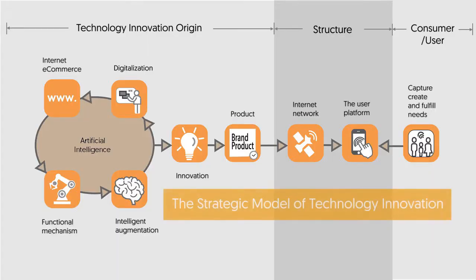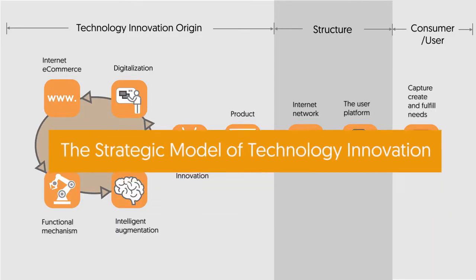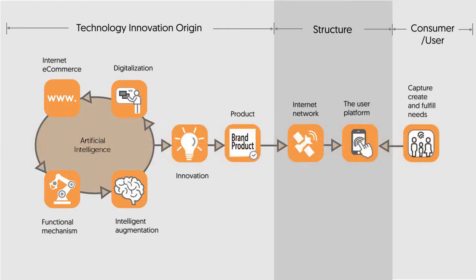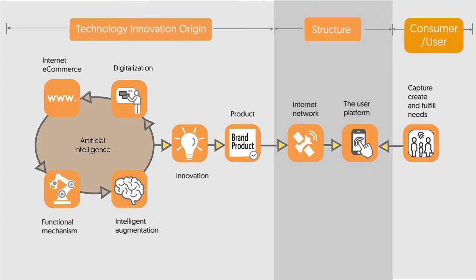The key to understanding modern technology is understanding this model. Let's go through it and explain it. The model explains how technology products are delivered to users, and there are three main foundations. They are consumers and users, the structure, and the technology innovation origin.